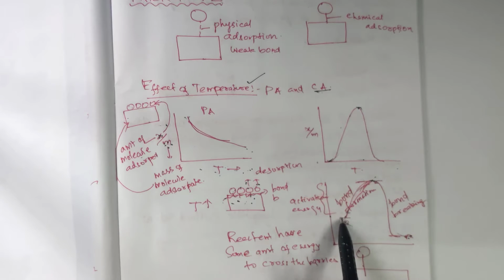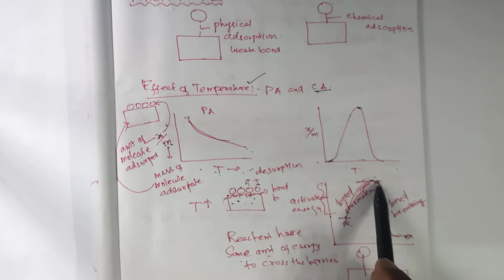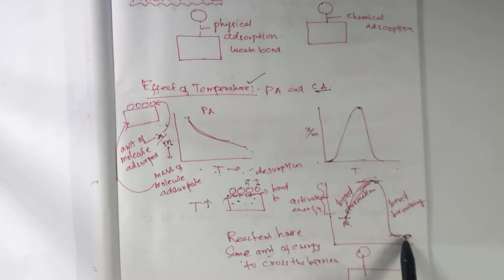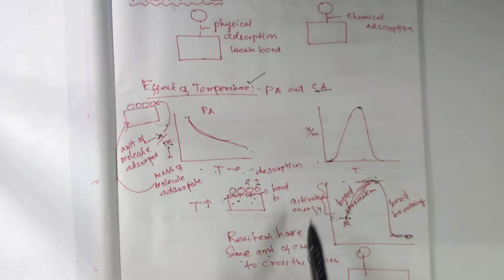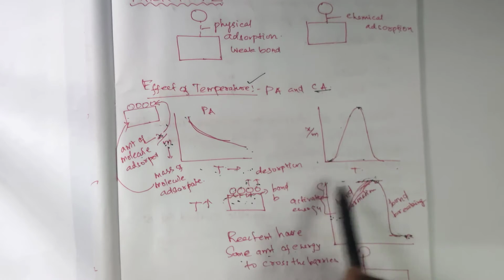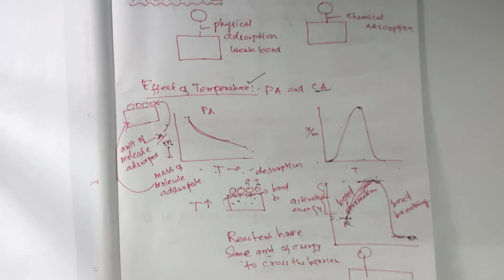Here the reactant carries some energy and needs some amount of energy to cross over the barrier and come to the product. The difference between the energy present in the reactant and the threshold energy is called the activation energy.